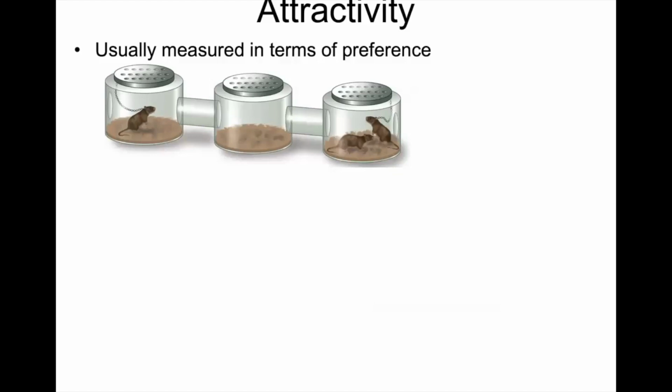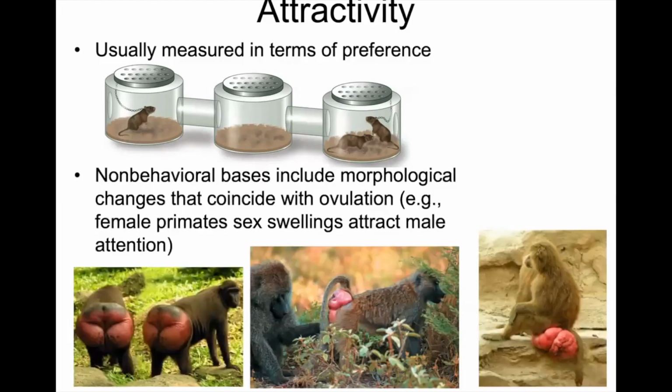Attractivity here would be measured typically in choice experiments, like you can see illustrated here in the rodent, where you would have two potential sexual mates on two different sides, and you measure which one the other sexual conspecific seeks out. You tend to see markings and swellings emerge during periods around ovulation or peak sexual receptivity.